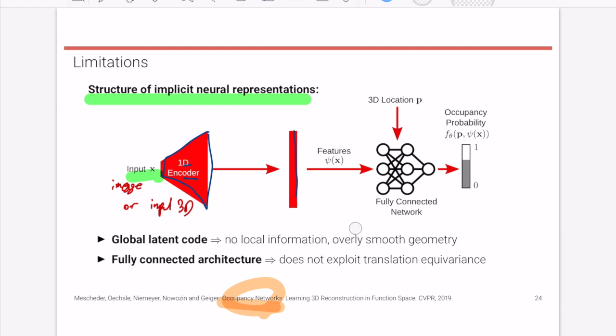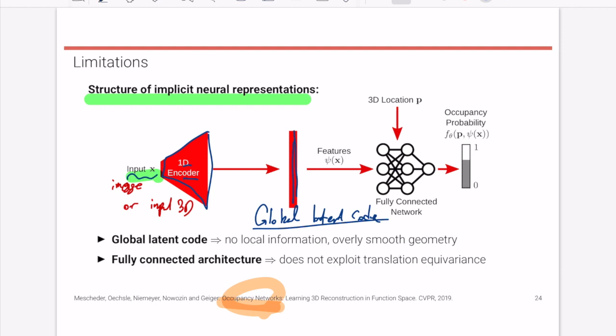So let's say this is the global latent code, which is just a 1D vector. We assume this 1D vector contains most of the information of the condition or input x.